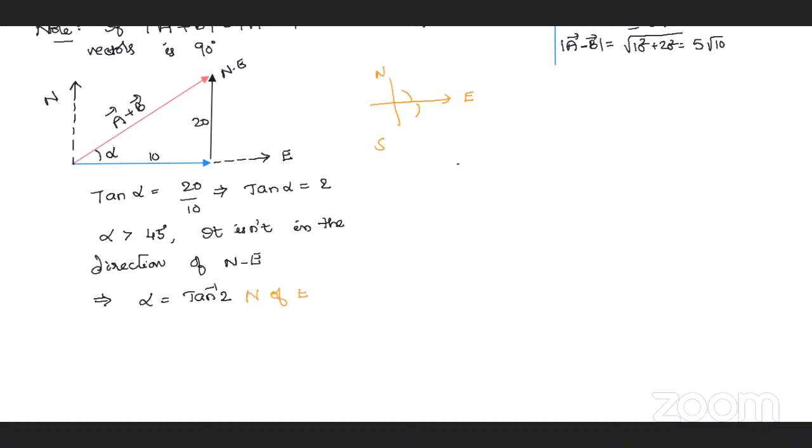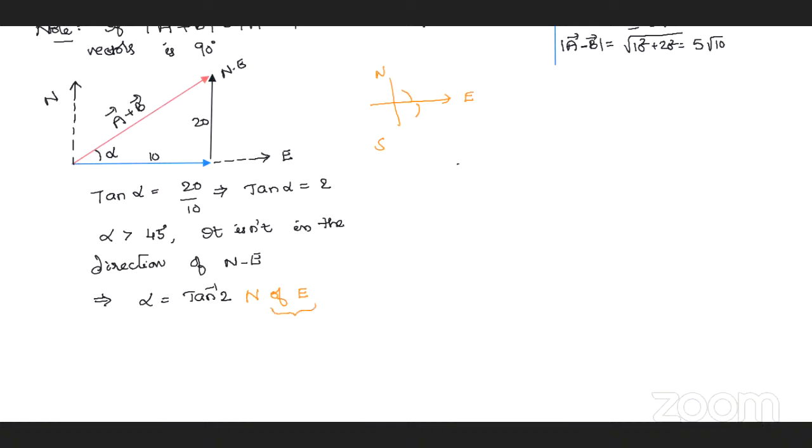So, north of east. This kind of representation you have to tune, Nana. That is very important. It looks a little bit complicated. Once again I'm explaining. This alpha is actually the angle with the east only. With the east we are writing like this, of east.